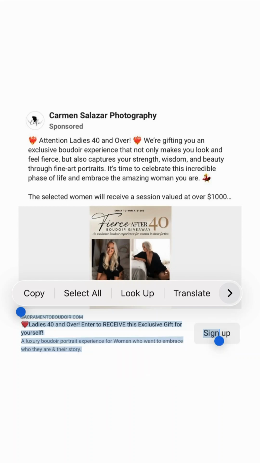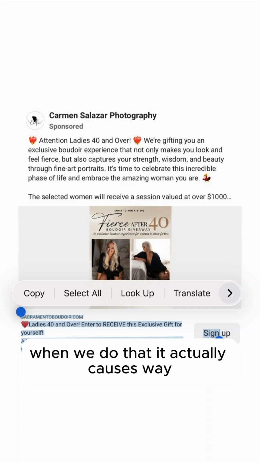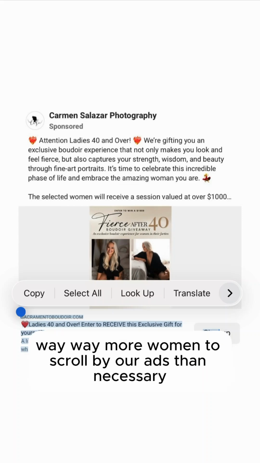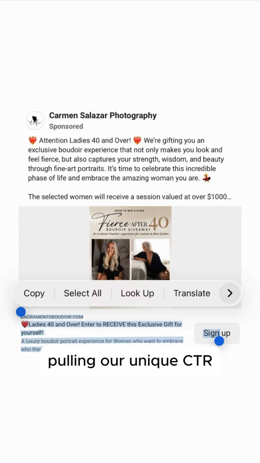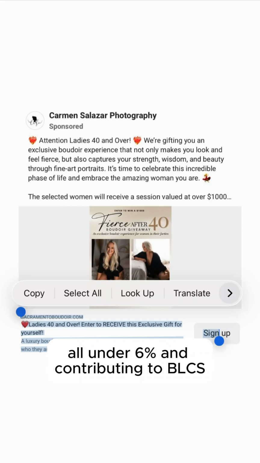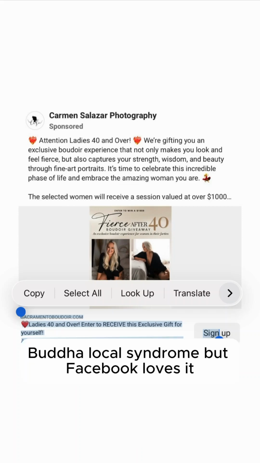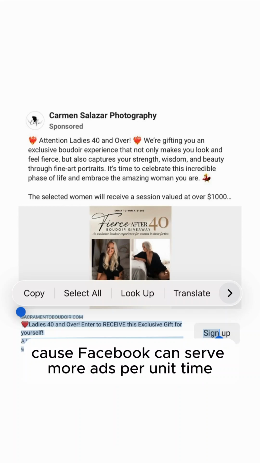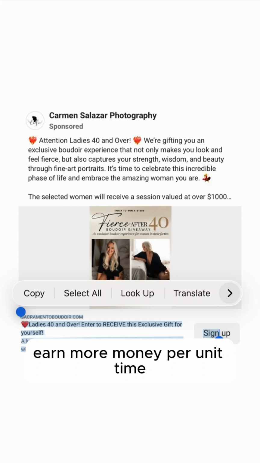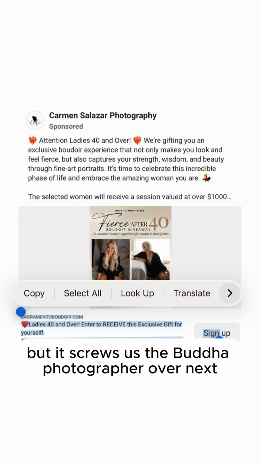And when we do that, it causes way, way, way more women to scroll by our ads than necessary, pulling our unique CTR under 6% and contributing to BLCS, Boudoir-Low-Click syndrome. But Facebook loves it because Facebook can serve more ads per unit time and earn more money per unit time, but it screws us, the boudoir photographer, over.